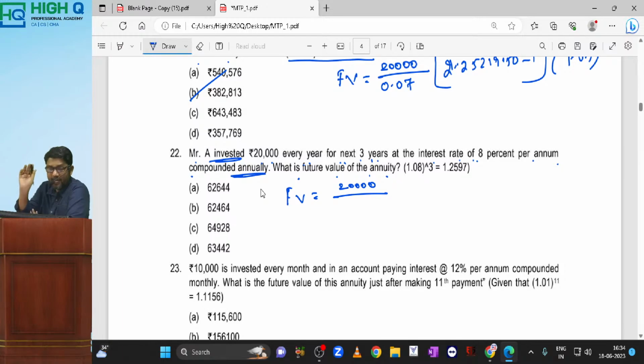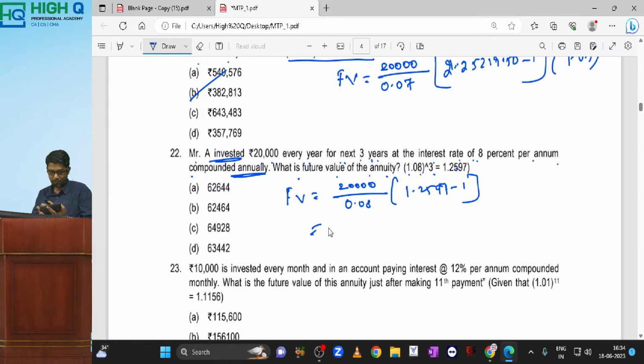Of course, it is regular annuity per annum calculation. So 1.08 whole power 3 minus 1, which is 1.2597 minus 1, is equal to 64928 approximately. Option C.